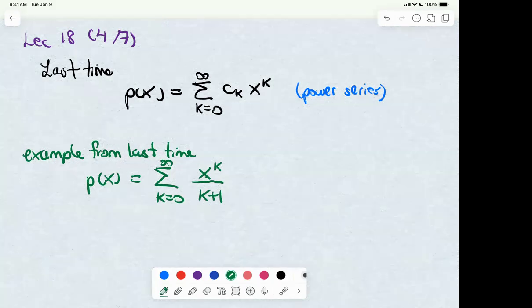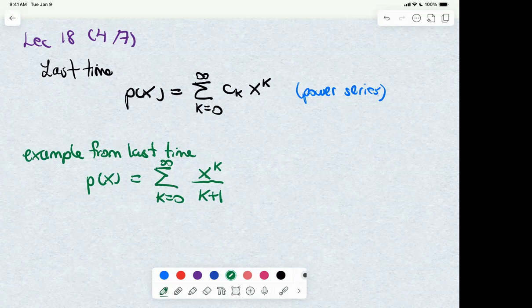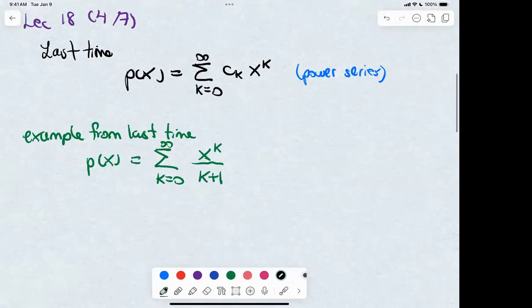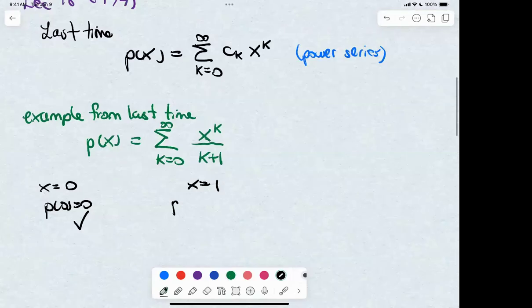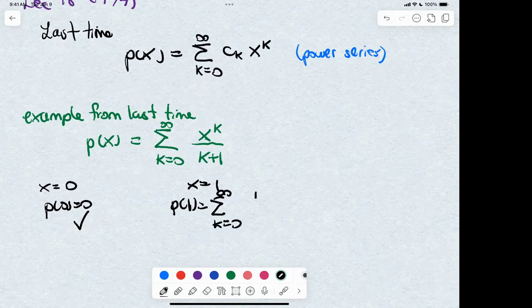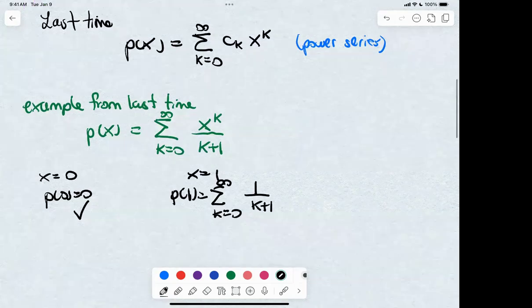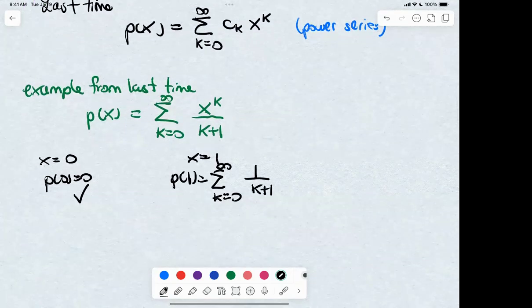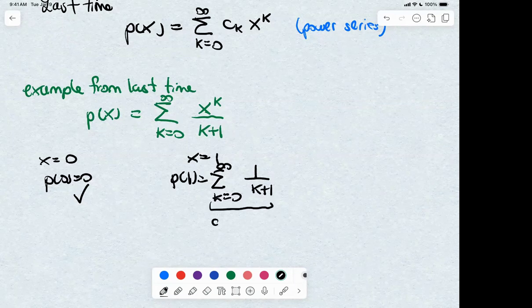We took three different values. If you take x equals 0, then p of 0 was 0, which was perfect. If you take x equals 1, then p of 1 would be this series, which we know is divergent, because you could compare it with the harmonic one, 1 over n.